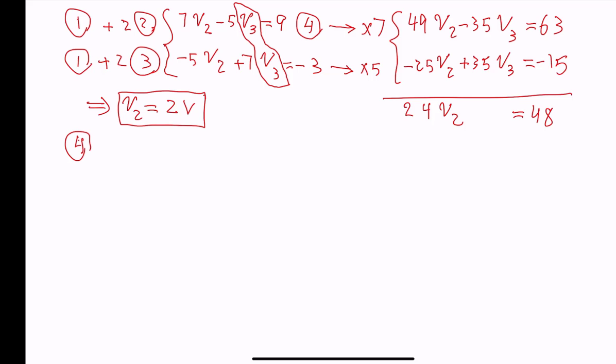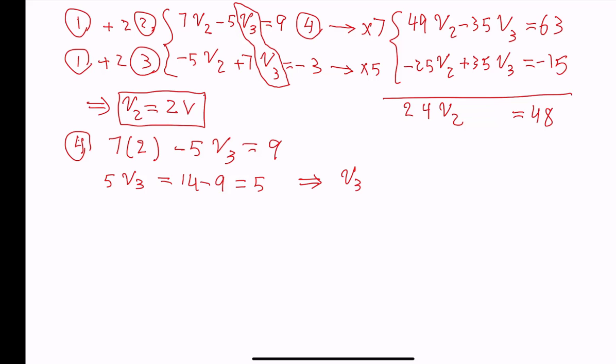From equation 4 right above, we have 7 times 2 minus 5v3 equal to 9. So 5v3 is 14 minus 9 equal to 5. So v3 is 1.